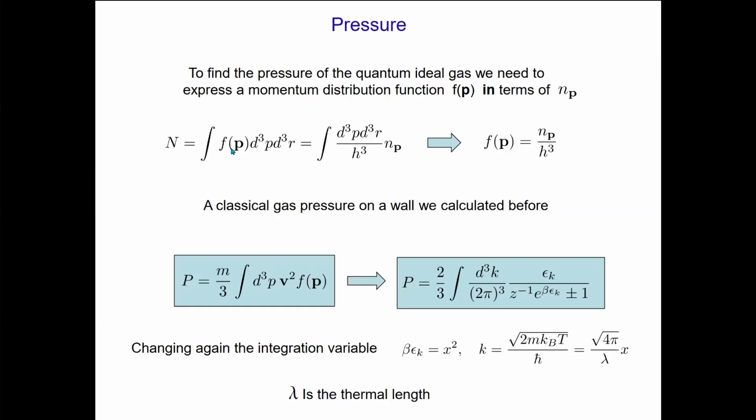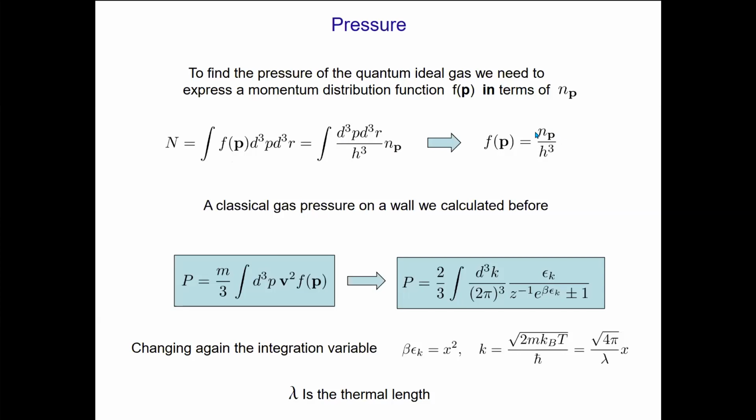Then we can immediately see that the relation between the distribution function and the occupation number is given by this relation, okay? We used this distribution function previously when we talked about classical gases.